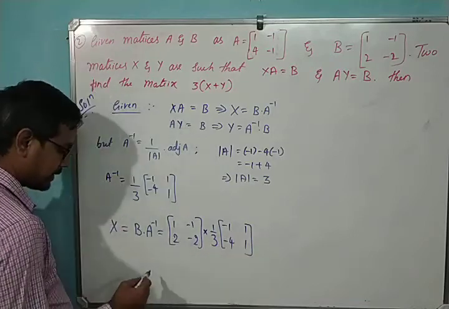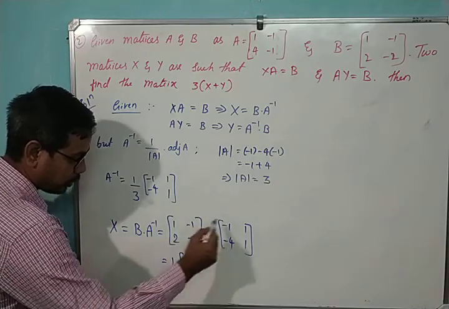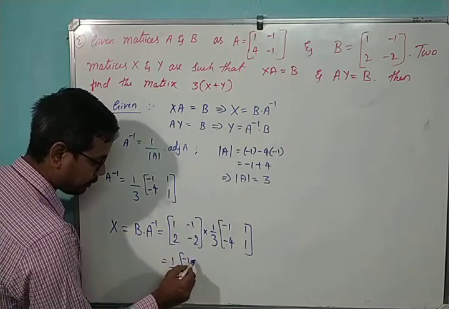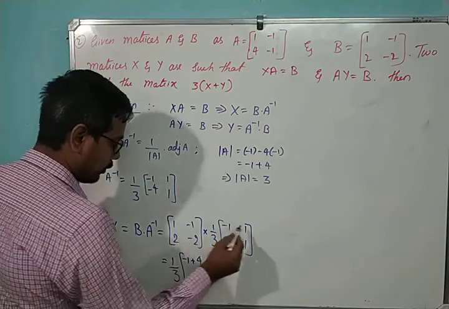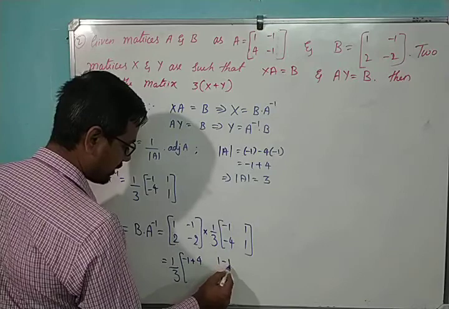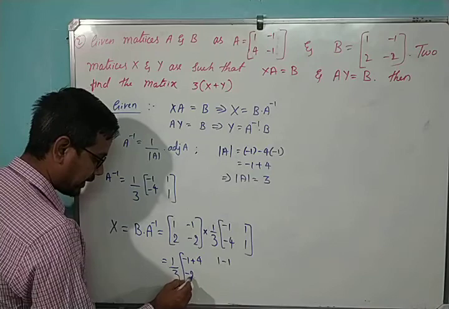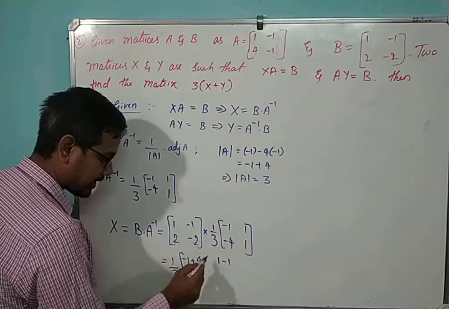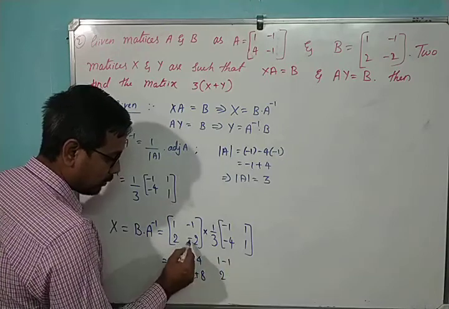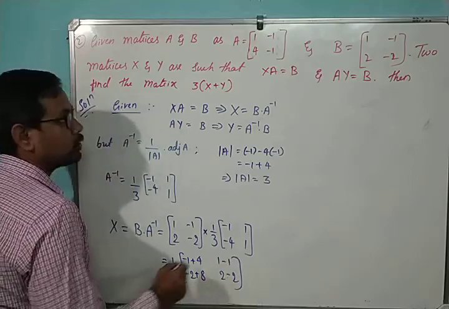So 1 into minus 1, minus 1, plus minus 1 into minus 4, plus 4. Okay. 1 into 1, 1, plus minus 1 into minus 1, this is minus 1. Right. 2 into minus 1, minus 2, plus minus 2 into minus 4, plus 8. 2 into 1 is 2, plus minus 2 into plus 1 is minus 2.